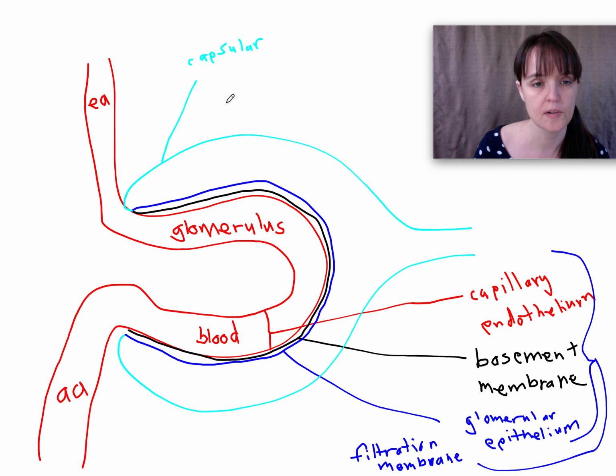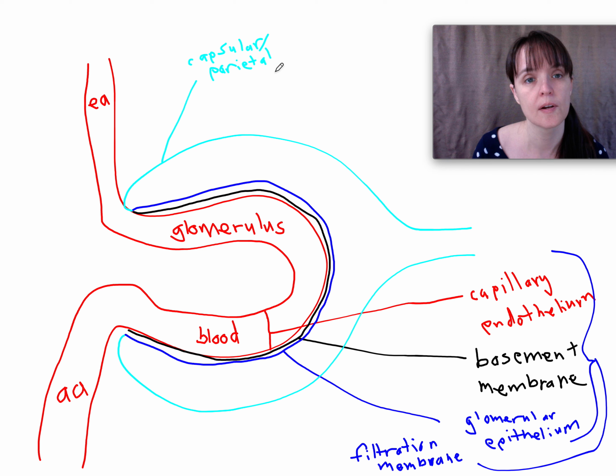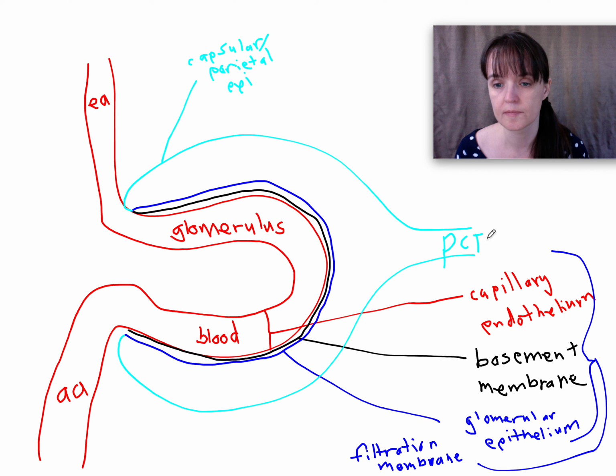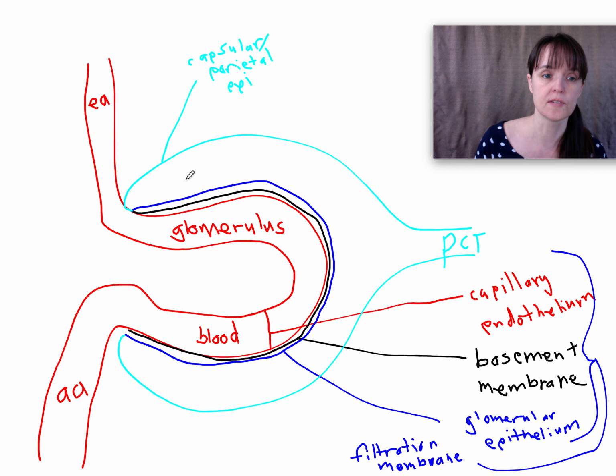It's also called the parietal epithelium. Okay, and this here is the proximal convoluted tubule. So this is the capsular space.